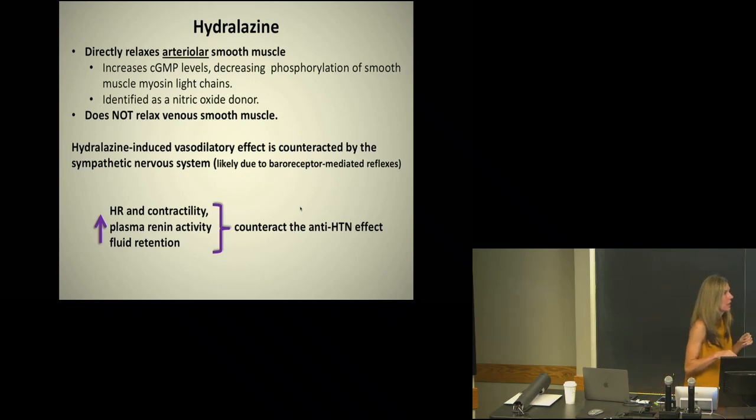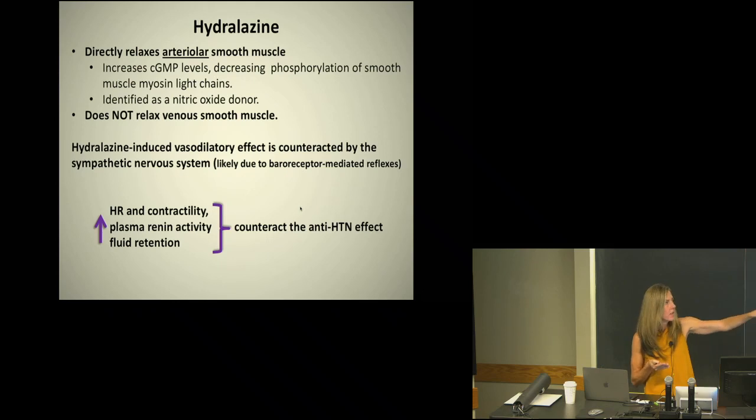It's thought to be a nitric oxide donor, and in this way it might also cause arterial vasodilation, okay? So it does not relax the venous smooth muscle. And what I want you to be able to do is to compare and contrast the different classes of agents. Okay.